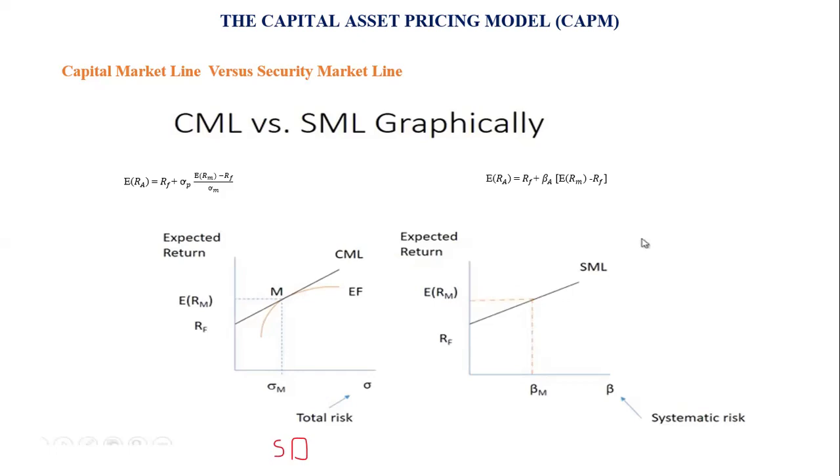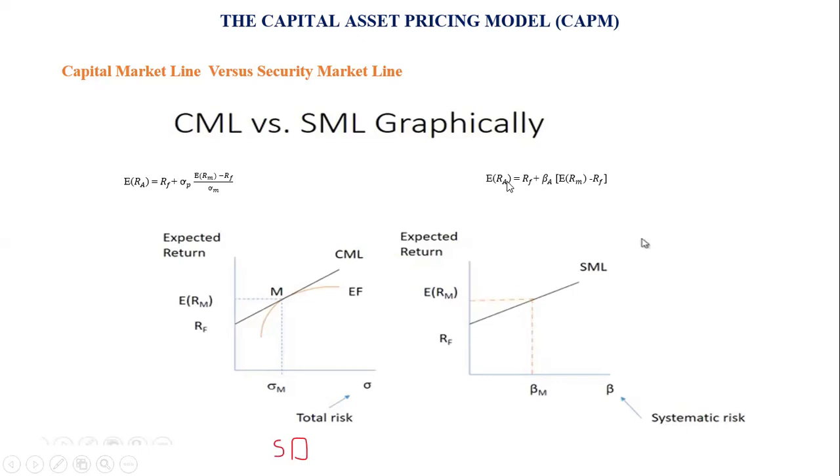That systematic risk is measured by beta. That is why we have this here. This is the symbol for beta. And this is the formula.